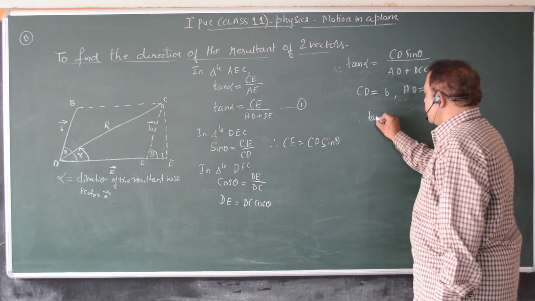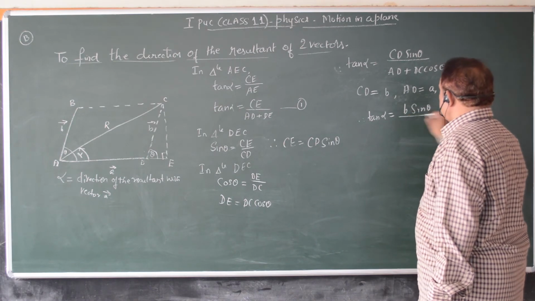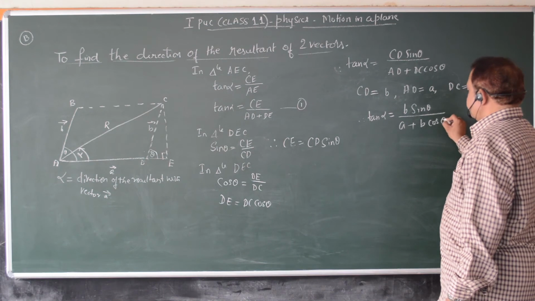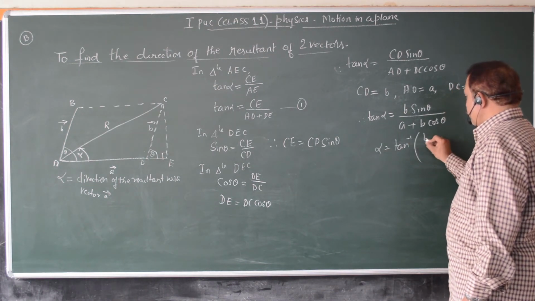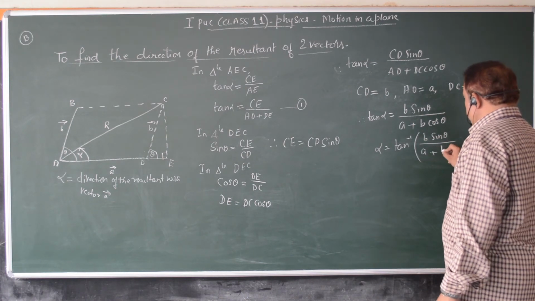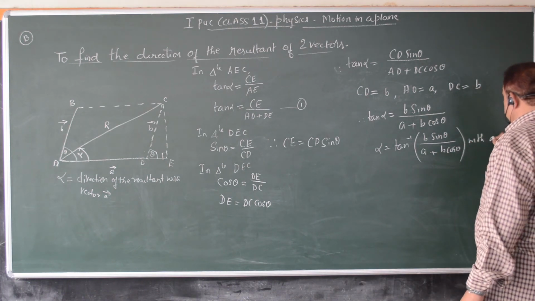Therefore, tan alpha equals B sin theta divided by A plus B cos theta. Our alpha is given by tan inverse of B sin theta divided by A plus B cos theta, with vector A.